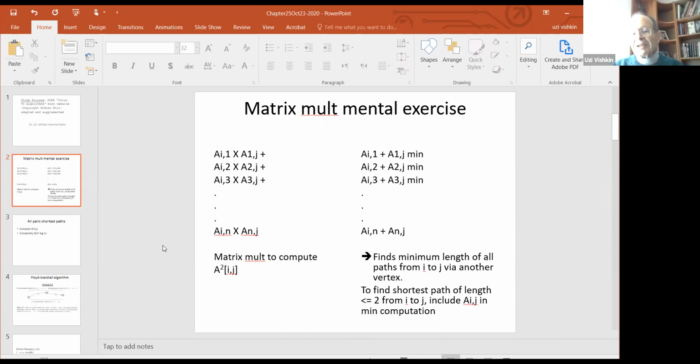So imagine that I'm giving you a graph, and the graph is given to you by a matrix, the edges. Now, let me ask you, how can you account for all the possible paths of length up to 2 between any vertex i and any vertex j?